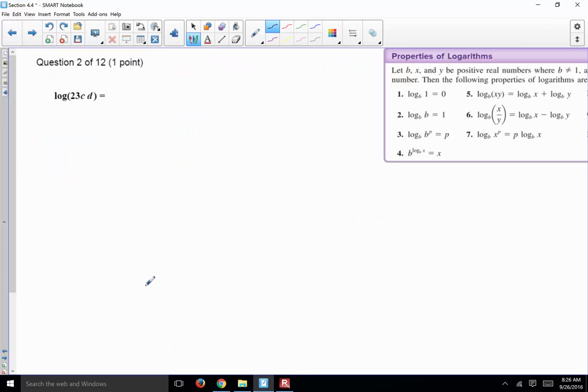Why don't you guys take a look at this? I put a list of rules on the right for you to refer to when you need it. What is the difference on this one?